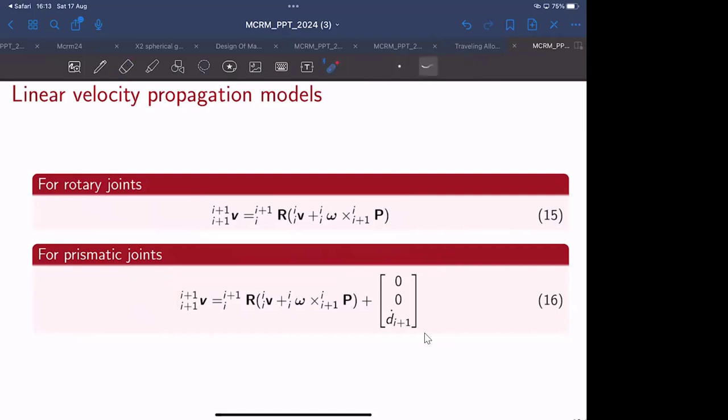Later, when we cover dynamics, we will have to extend this to accelerations, because in dynamics we have to cover inertial effects, and we all know that inertial effects are proportional to acceleration. So that is about it for the time being. We'll stop with the propagation of linear and angular velocities for revolute and prismatic joints.